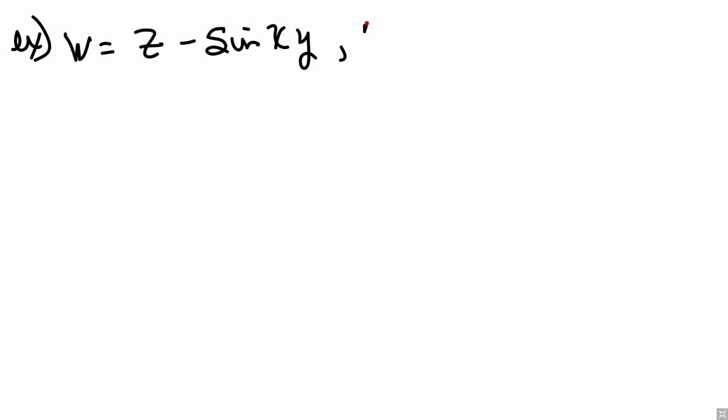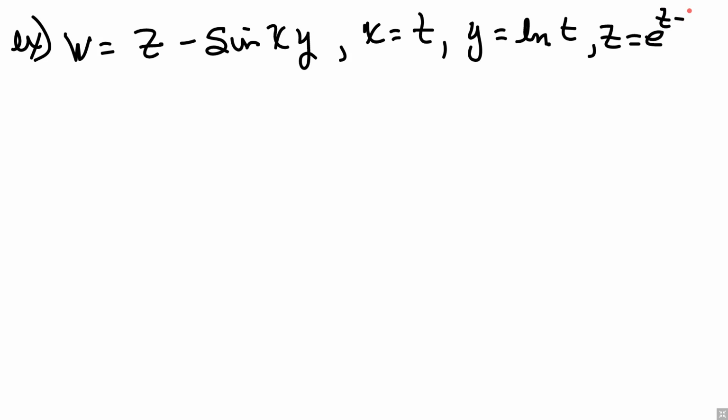We're told that x is equal to t, y is equal to the natural log of t, and z is equal to e to the t minus 1, and we're told that t is equal to 1. So in this example, again, we want to find dw dt.